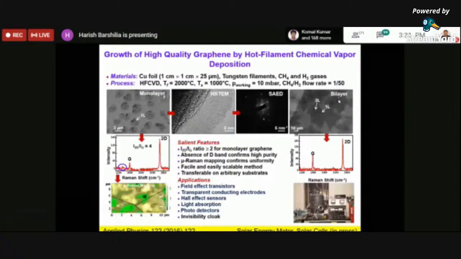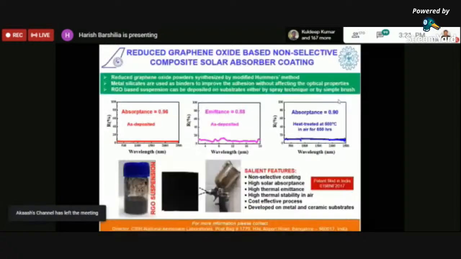So we can have monolayer graphene, bilayer graphene, and multilayer graphene. Depending upon the process conditions and your application, you can produce these kinds of materials at will. Then the other derivative of graphene is reduced graphene oxide, which is easier to prepare, and graphene oxide, which is in the form of powder.